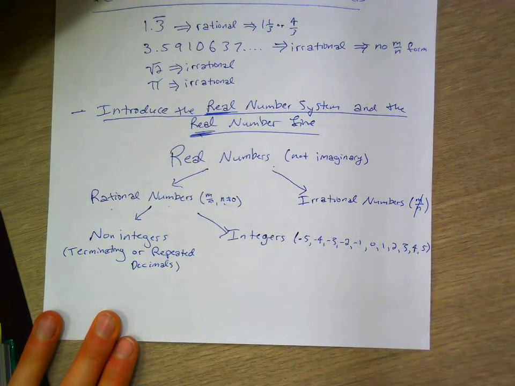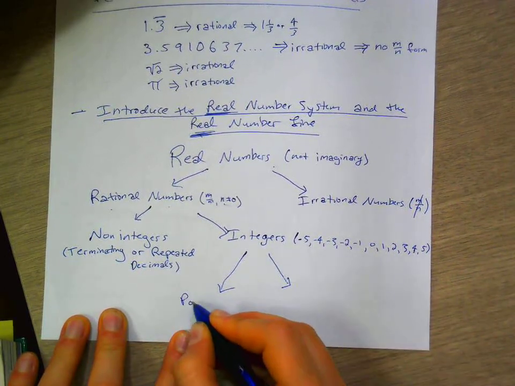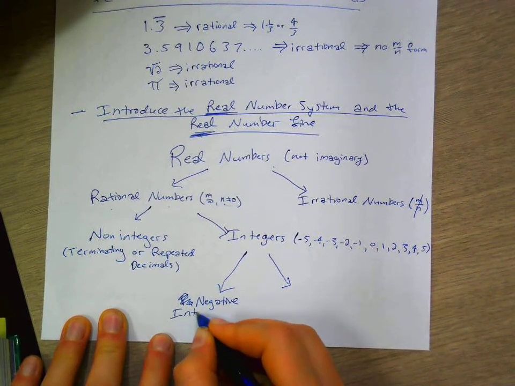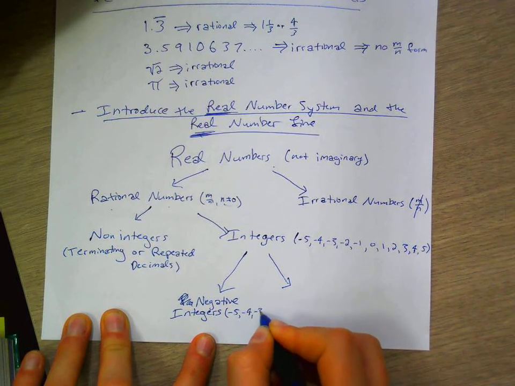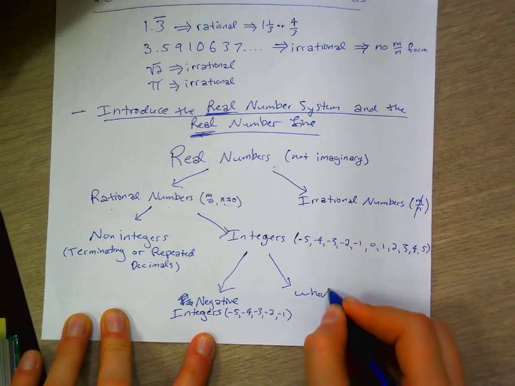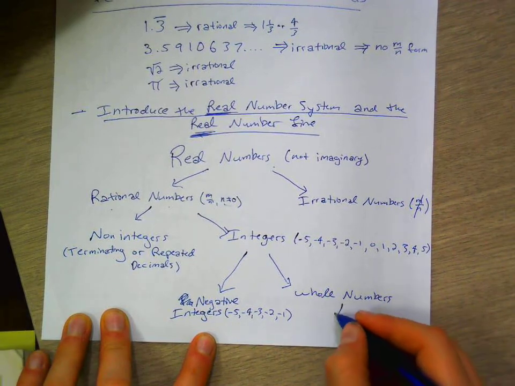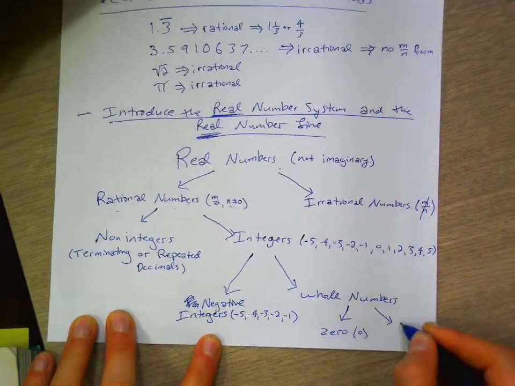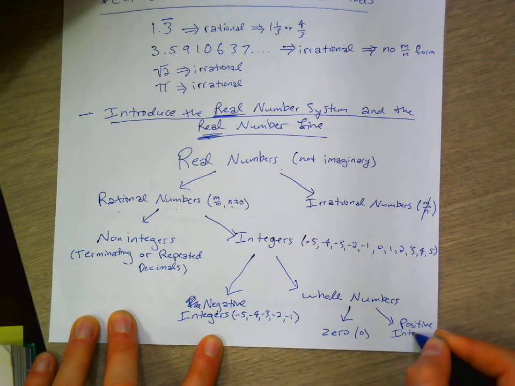Now let's talk about integers. There's a couple kinds. We have negative integers, things like -5, -4, -3, -2, -1. And then we have whole numbers. These whole numbers can be divided into 0, which is just 0, and positive integers.